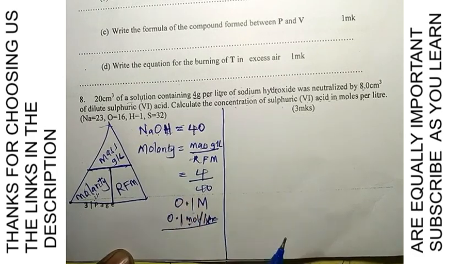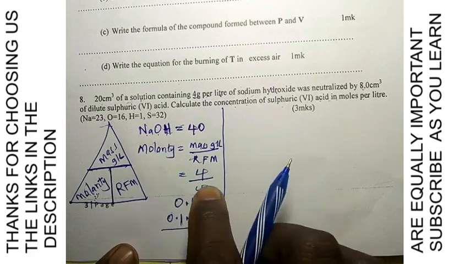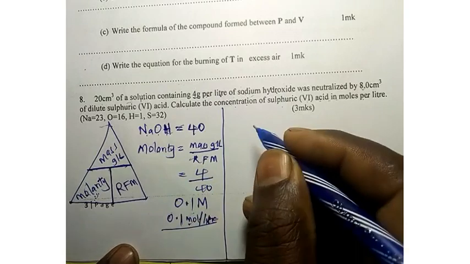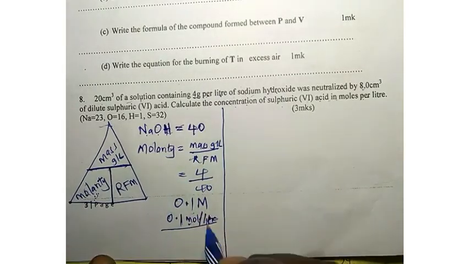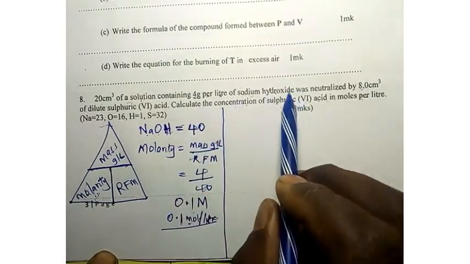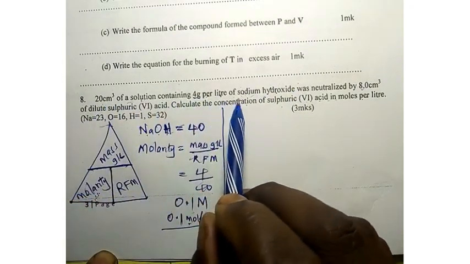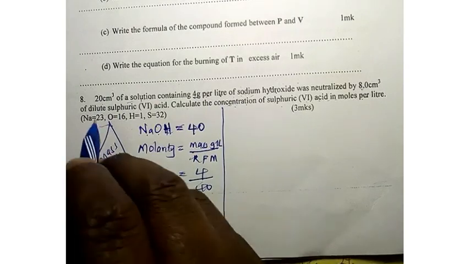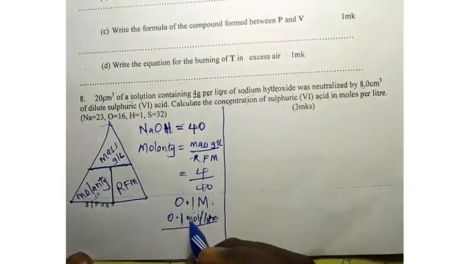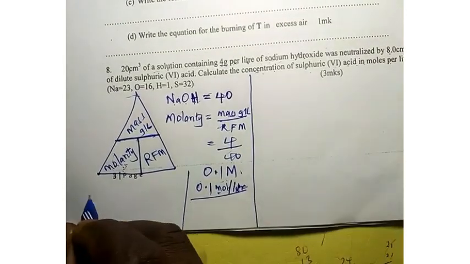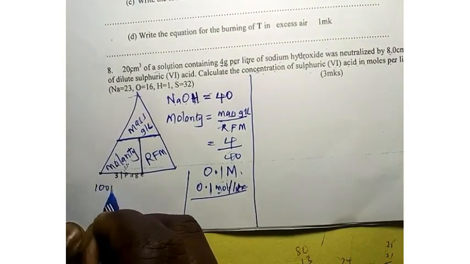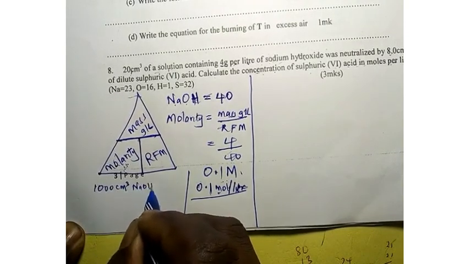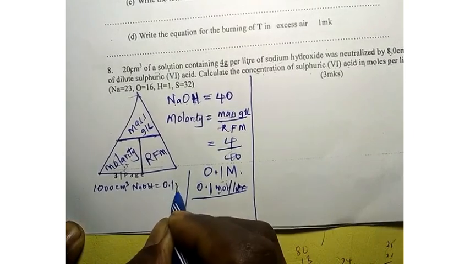Now that we have the molarity, let us see the relationship. You must write the equation so that you can check the mole ratio. But before that, let us find the number of moles of sodium hydroxide that reacted with the sulfuric acid. We know the number of moles in 1,000, so what about 20? 1,000 centimeters cube of sodium hydroxide contains 0.1 moles.